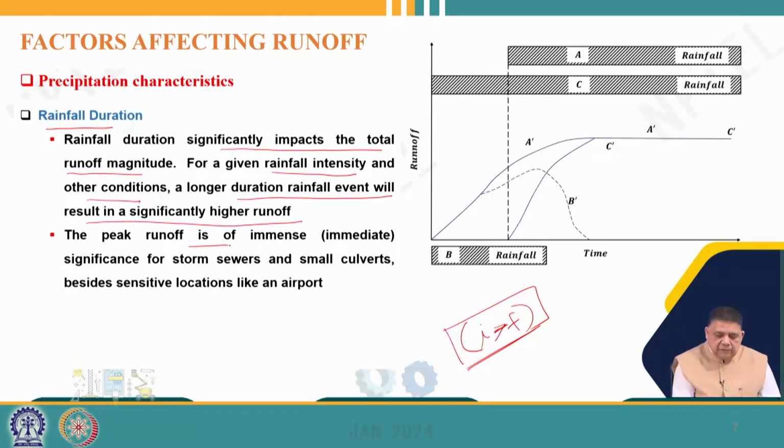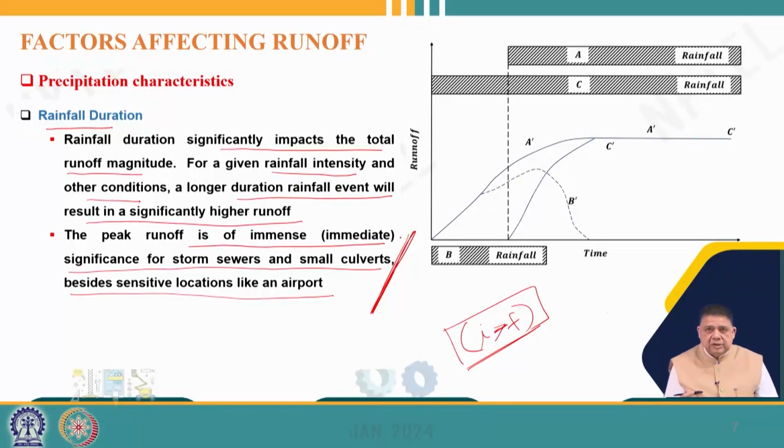The peak runoff is of immense significance for storm sewers and small culverts, besides sensitive locations like airports. So, of course, both the rate as well as the volume are very important for designing various kinds of structures, be it storage structures or discharge disposal structures.